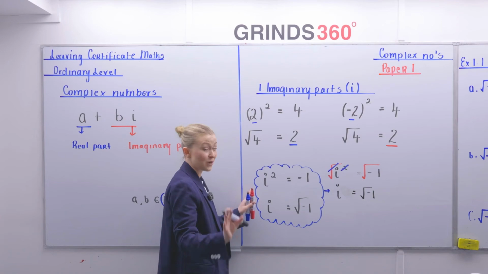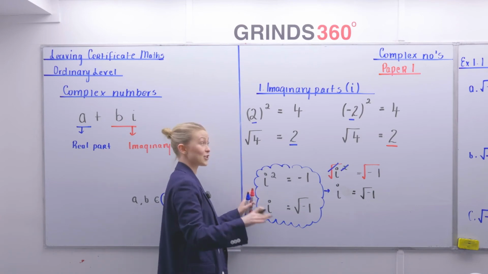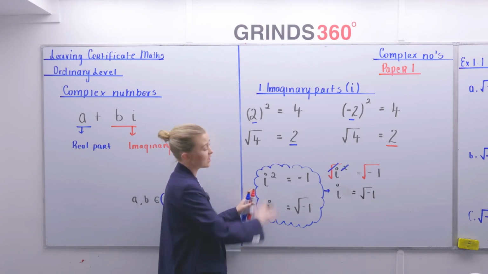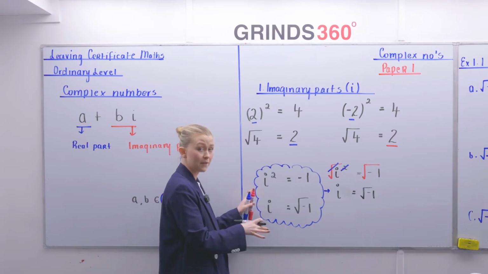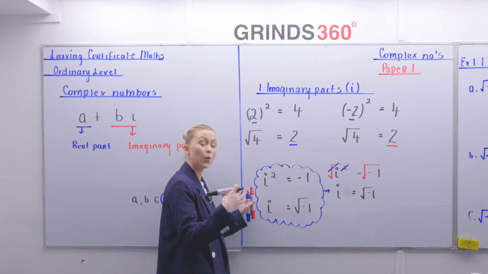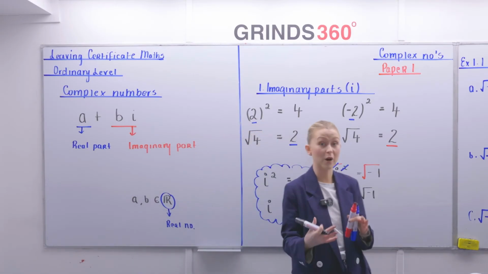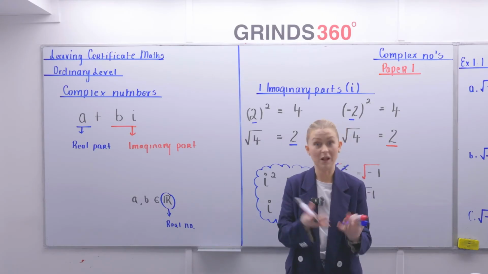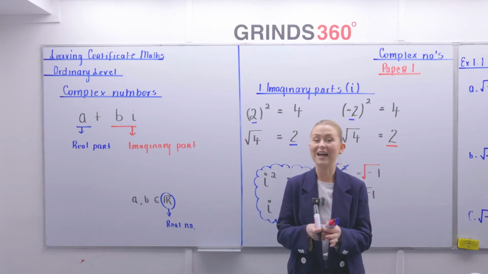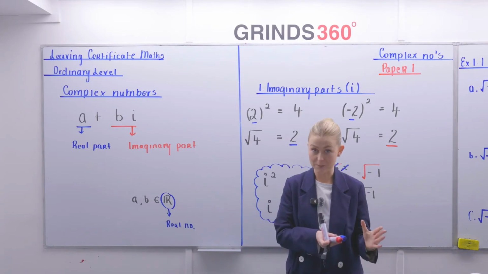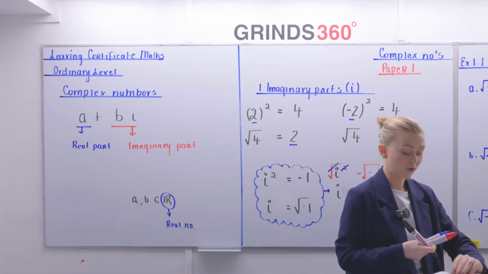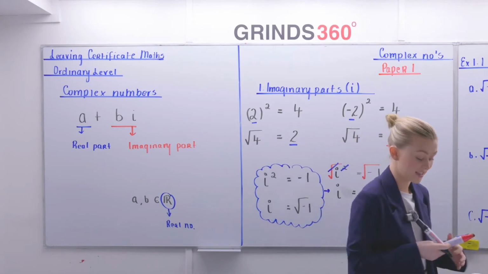Now, we're going to jump straight into this and we're going to go across to exercise 1.1. There's nothing here that isn't given to you on your exam. On exercise 1.1, we're going to be learning how to find the square root of a negative number. Well, not really. We're going to look at forming imaginary parts, over on page 173.